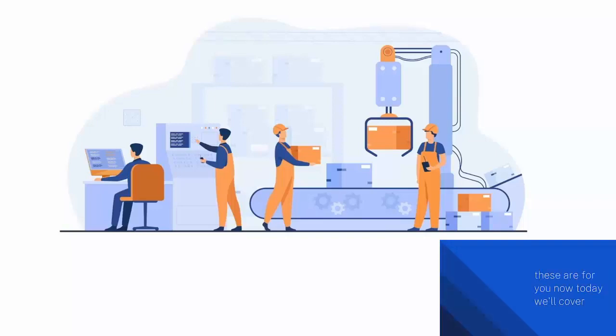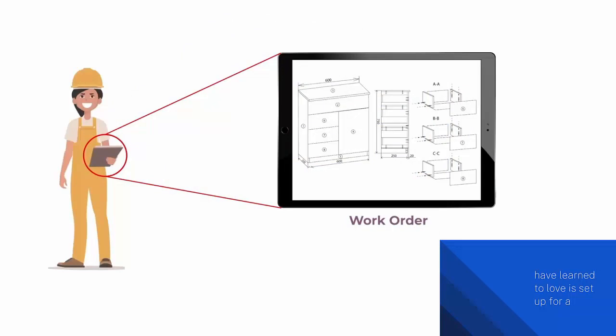Today we'll cover the basics of setting up manufacturing orders inside of Odoo. Once a bill of materials, or BOM as my acronym lovers have learned to love, is set up for a product you'd like to manufacture in-house, you're ready to start planning and building products with those BOMs.